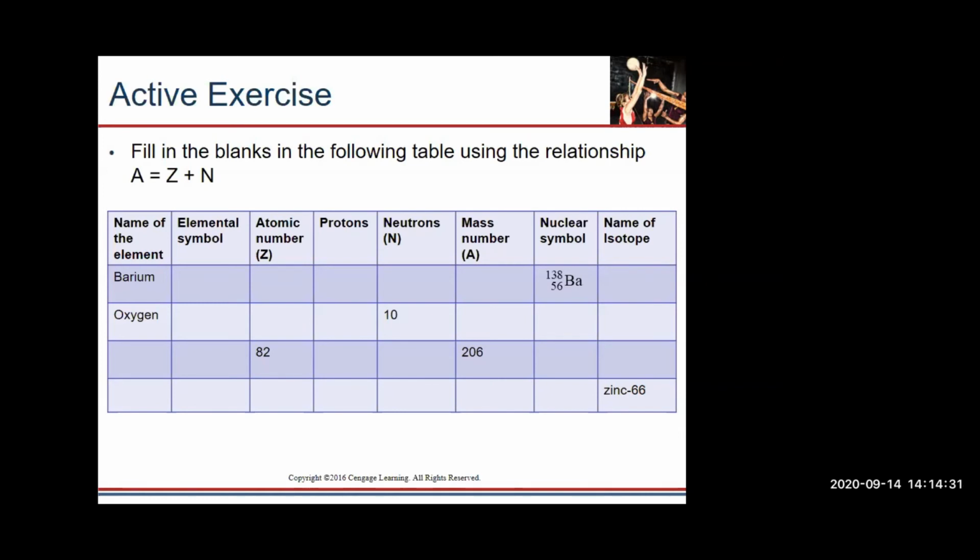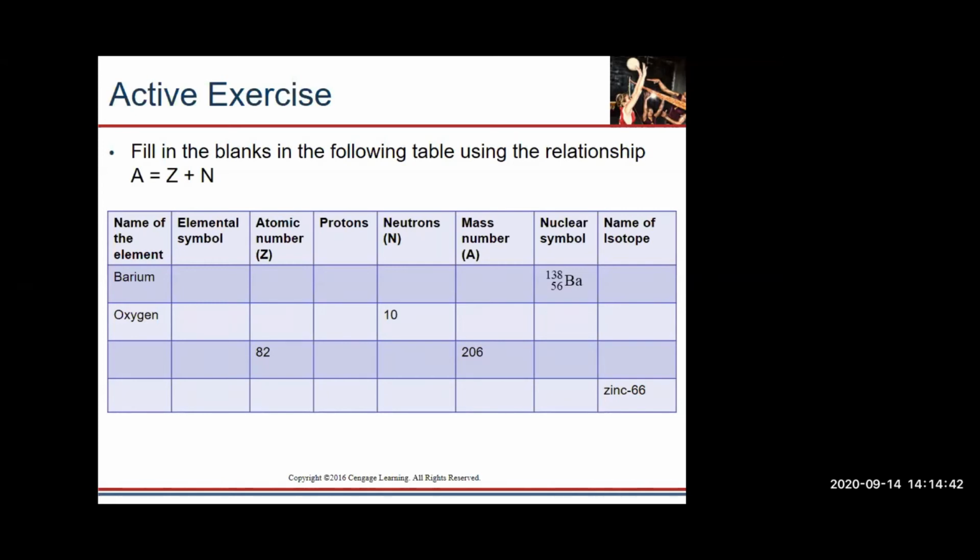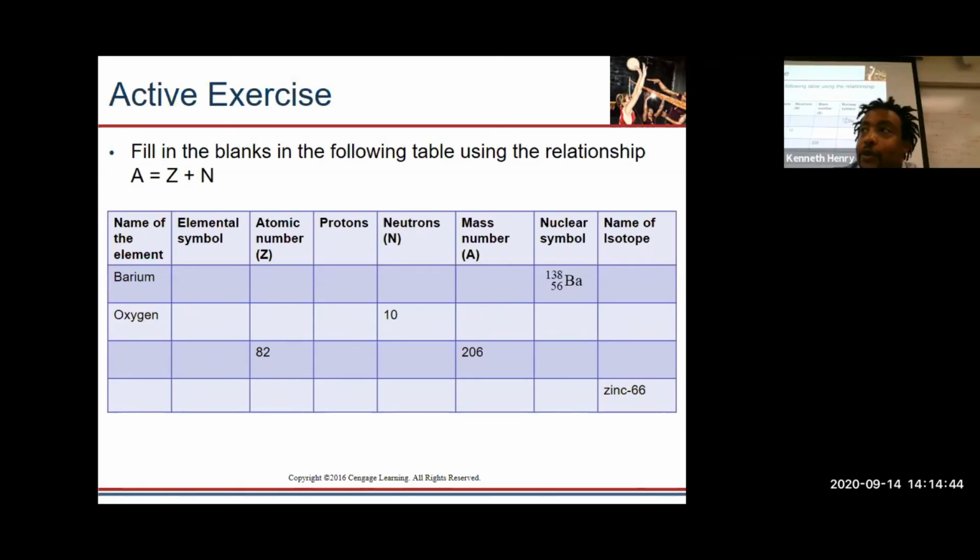Maybe she's in the bathroom. Okay, well, group 1, you guys do barium. Brian and Hector, you guys do oxygen, the second one. Alexandria and Norma, you guys do the third row. And then Alan, Kevin, and Steven, you guys do the last row.